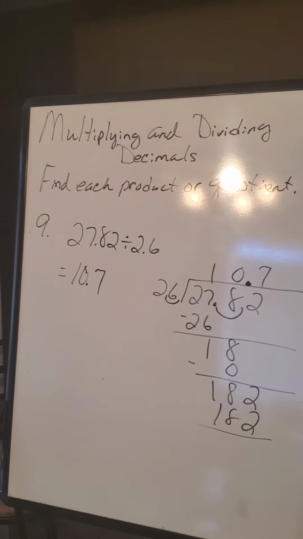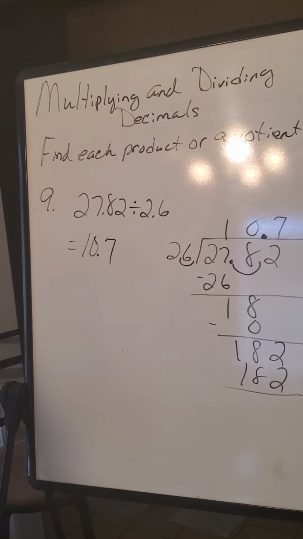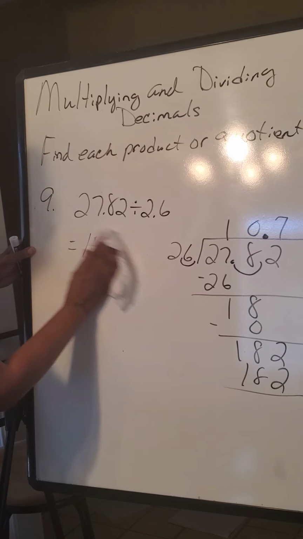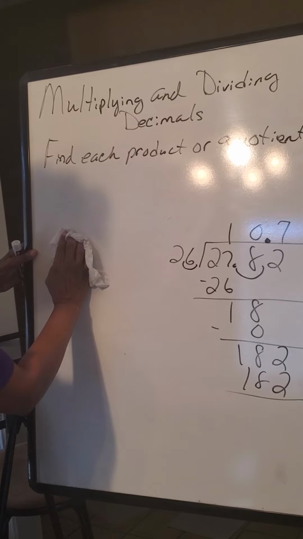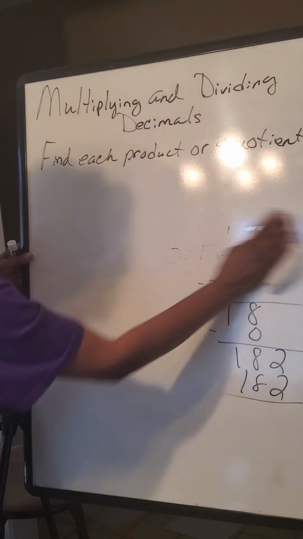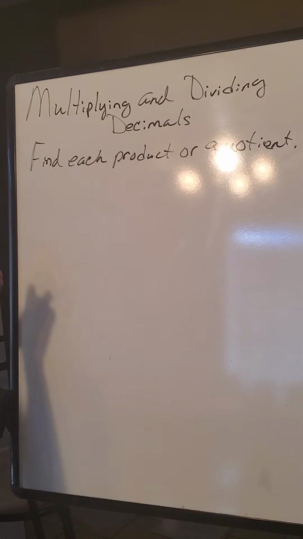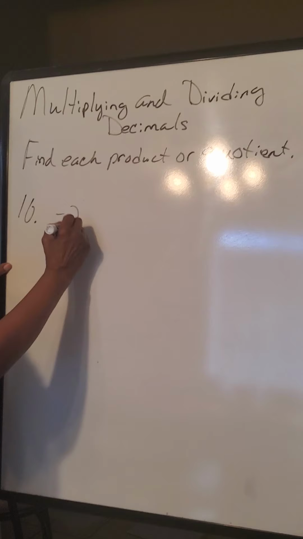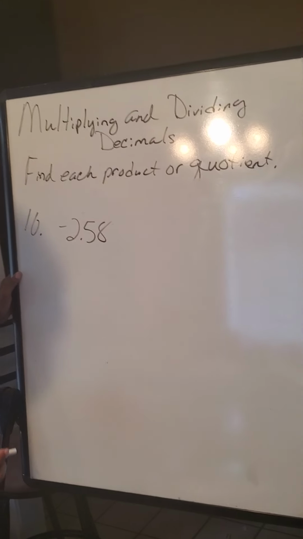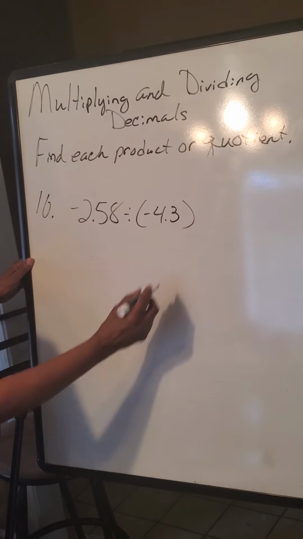One more example. Example number 10. If I had a -2 and 58 hundredths, and I want to divide it by a -4 3/10.